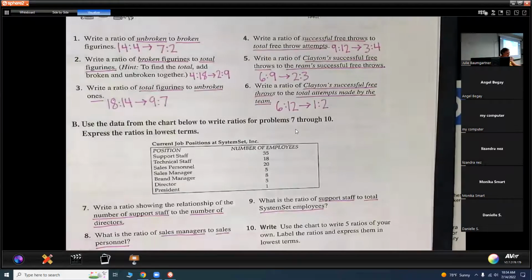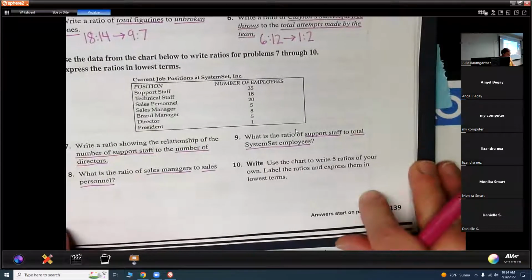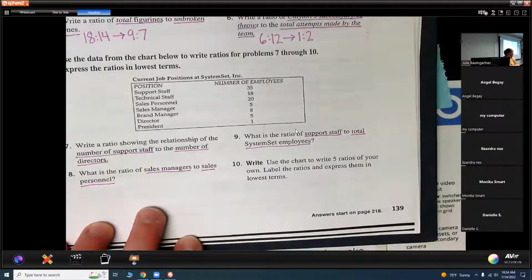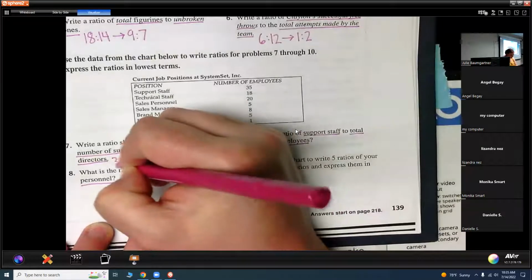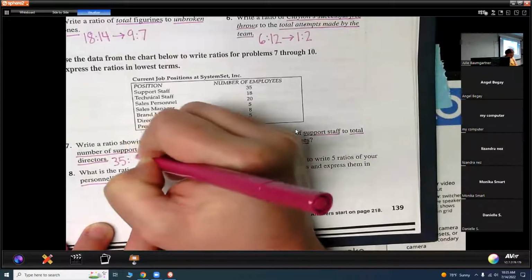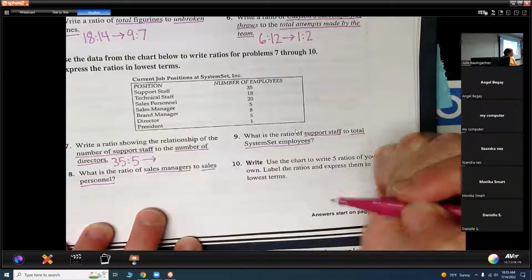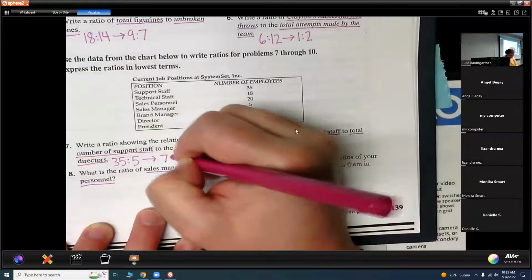All right, so now we have a nice table of data here about System Set Incorporated. It says write a ratio, number of support staff to the number of directors. Okay, does that reduce? Good. 7-1, yep.